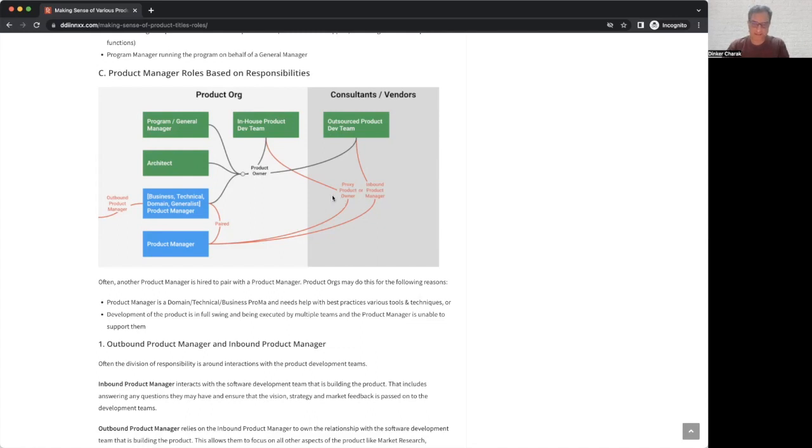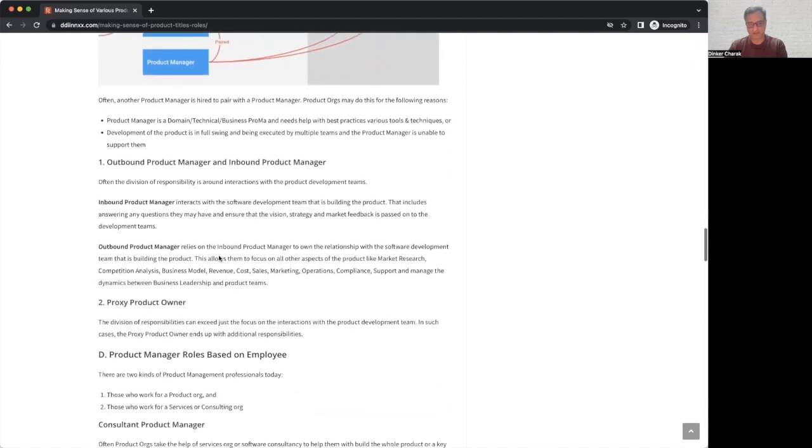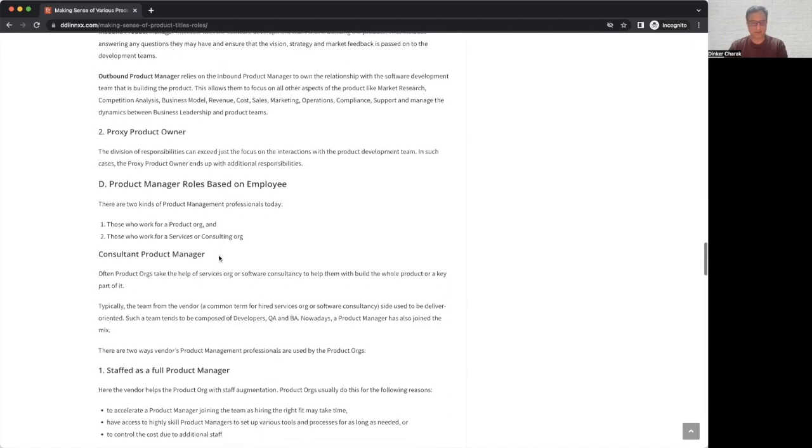And many times I've seen that these product owners focus on their main roles, or maybe on the outbound thing, and they leave it up to this proxy product owner to take care of all the development responsibility. So in some way, the product owner becomes an outbound product manager, and the proxy product owner becomes an inbound product manager. That's a very common scenario.